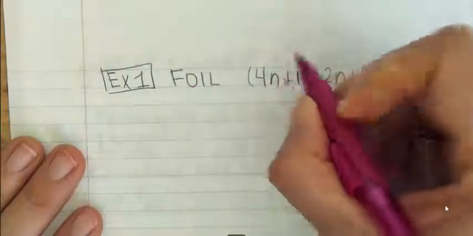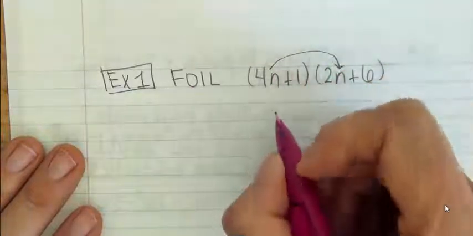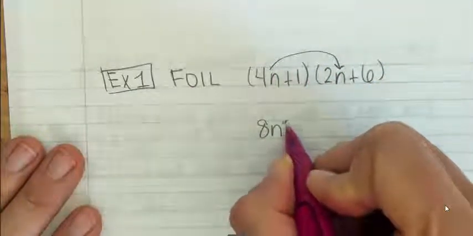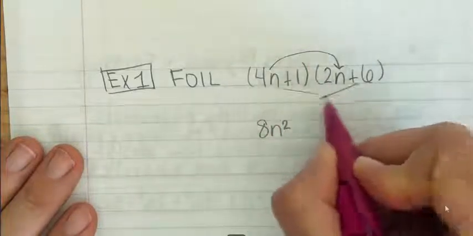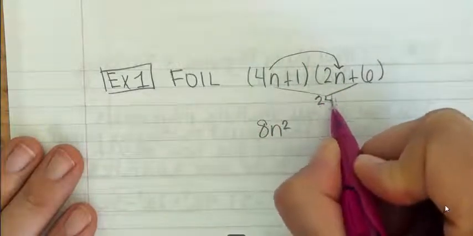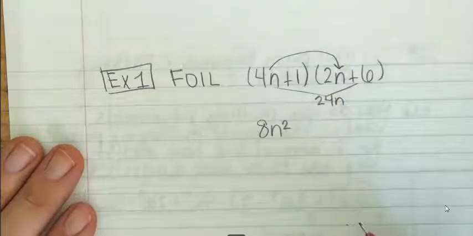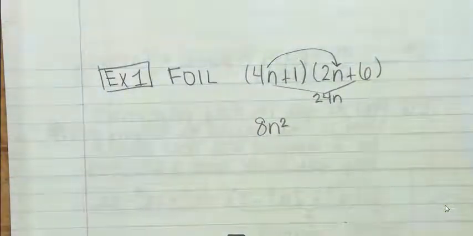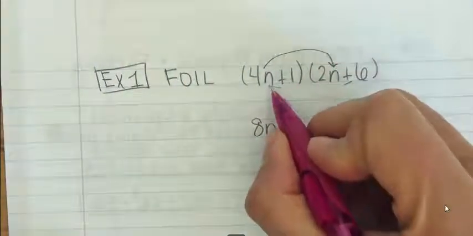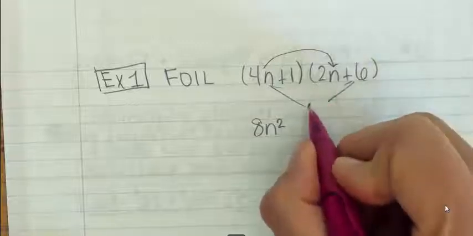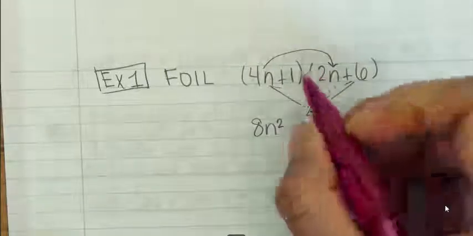So we start with first. So you do the first ones. I'm going to skip 2 lines. I get 8n squared. I do the outers. The outers give me 24n. I needed to skip a space there because my inners need to go above it. So we'll do our outers, which will give us 24n, right?